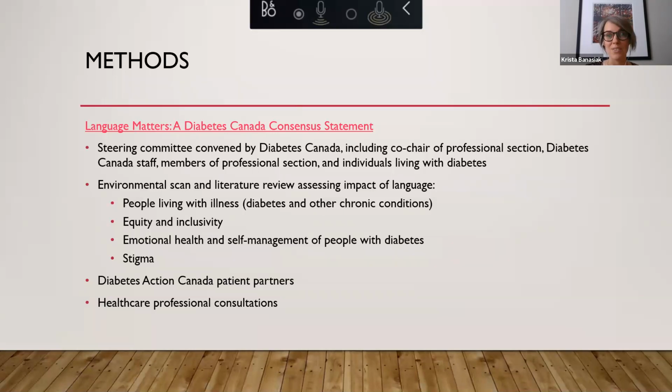And some of you might have even filled out a survey for us or participated in a workshop at the time. And we also included people living with diabetes in order to develop these recommendations and make sure that what we were putting out accurately reflects their experiences.